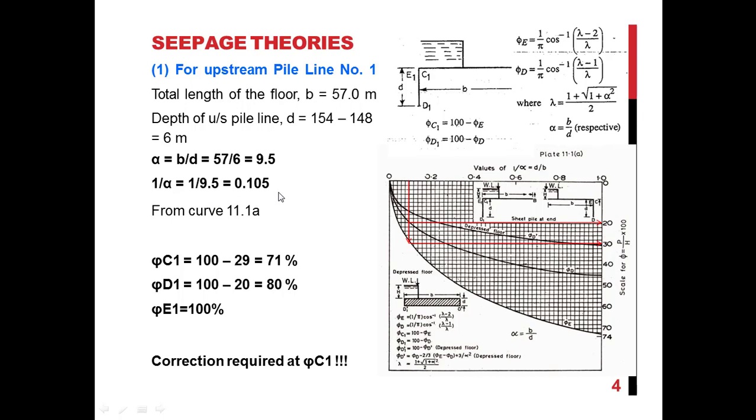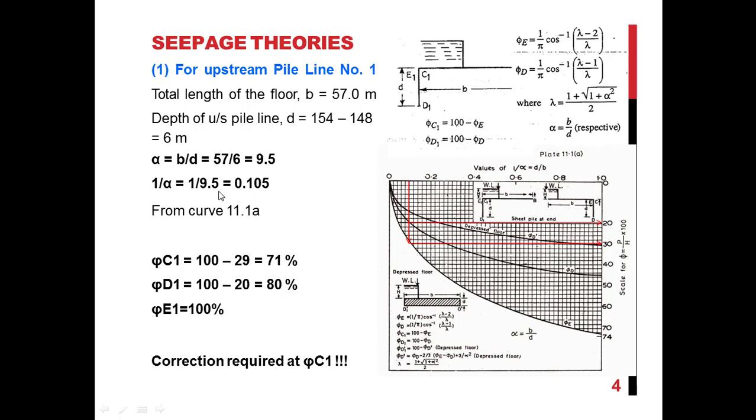Now from curve 11.1a, we find the values of phi E and phi D. As you can see, the red line here is at 0.105, which is the value of 1 over alpha.